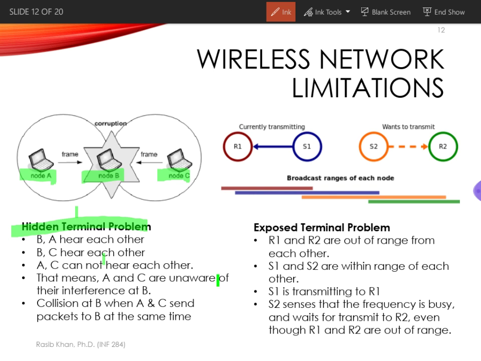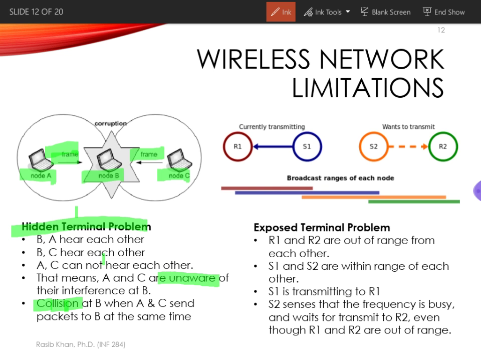So that means that A and C are unaware of the fact that they have an interference at B. So let's say we have an ongoing transmission from A to B, and at exactly the same time, C is trying to send something to node B. There will be a collision of the packets at B. That happens due to the lack of knowledge, as A and C do not know that they have an interference at B. So this particular phenomenon is called the hidden terminal problem.